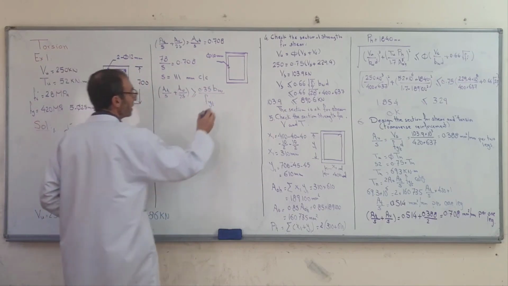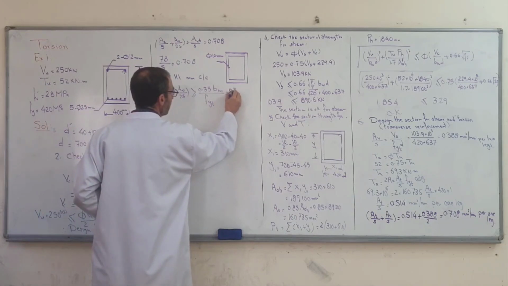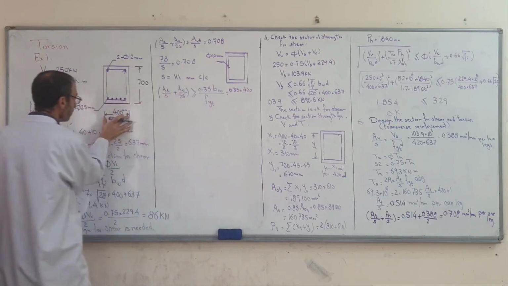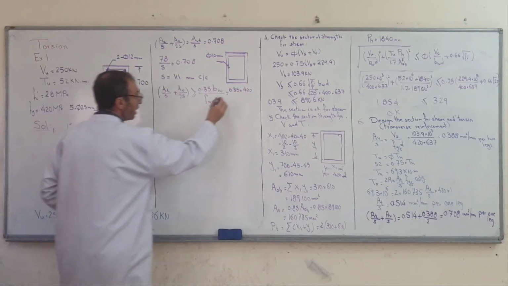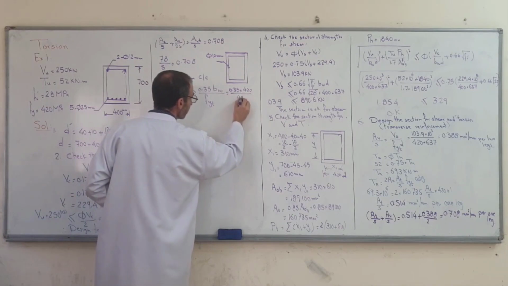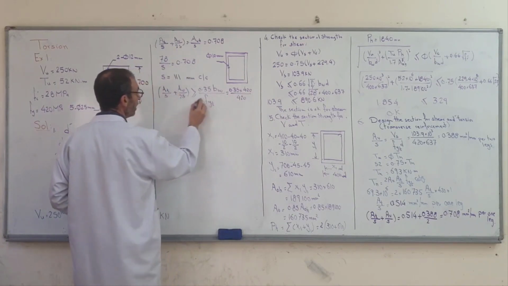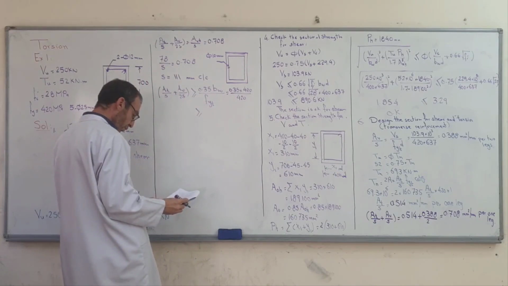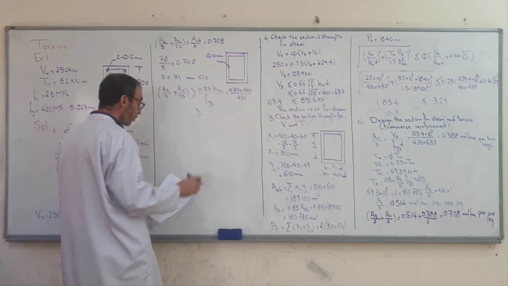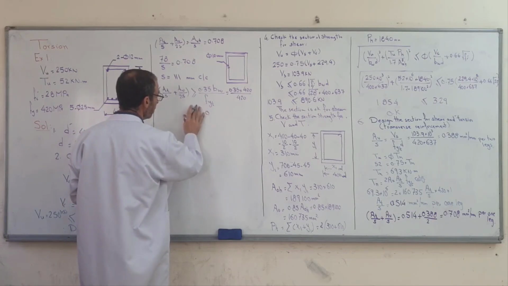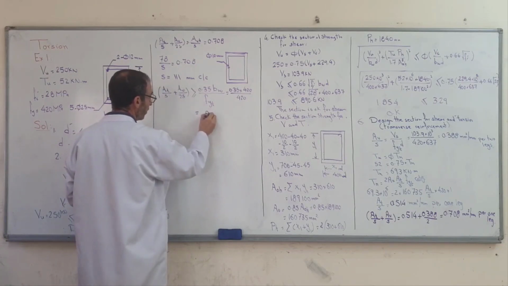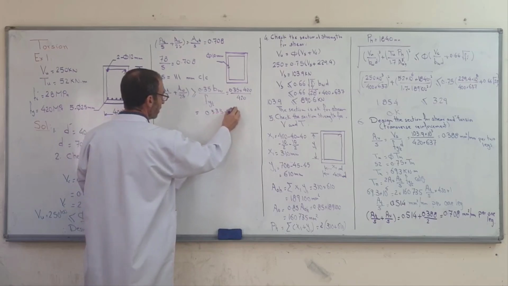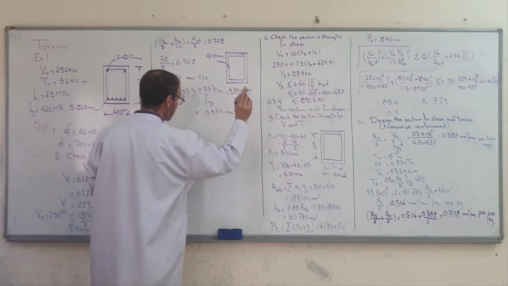This BW and FYT are known. So here it must be greater than or equal to 0.333 millimeter square per millimeter for one leg.